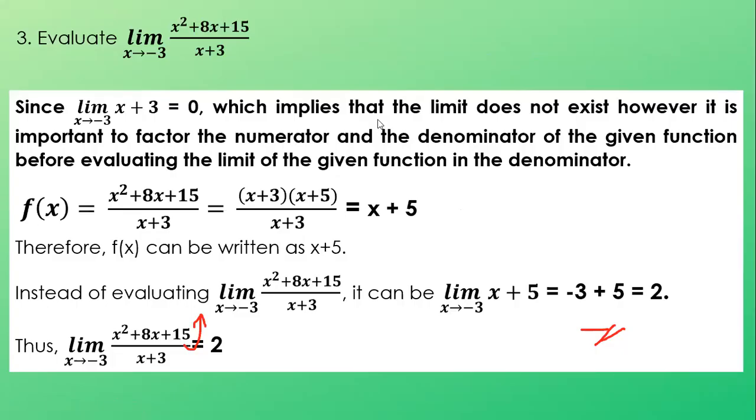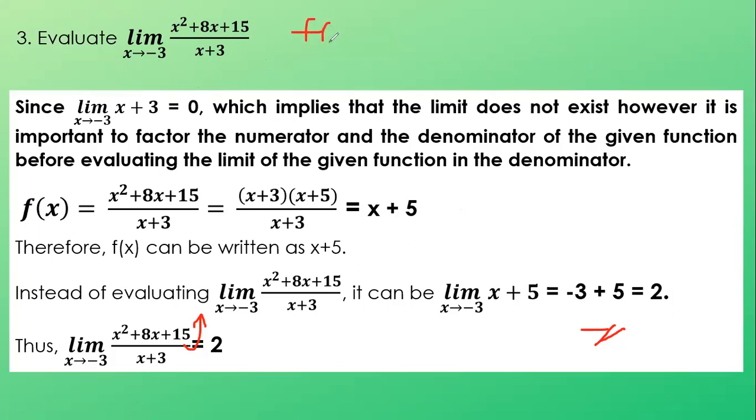Alright. So, for our third example, last, limit of x squared plus 8x plus 15 over x plus 3 as x approaches negative 3. So, substitute lang natin si negative 3 sa ating x.